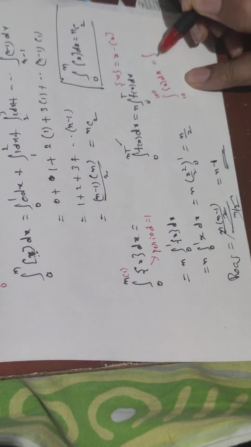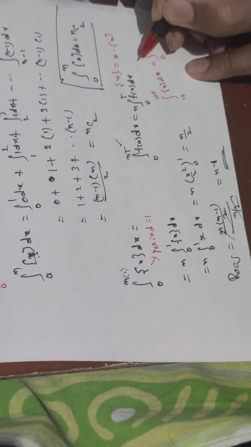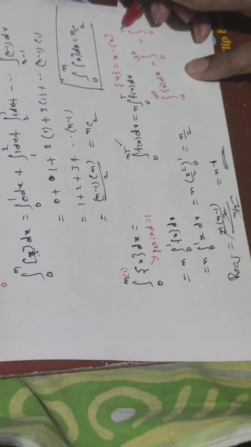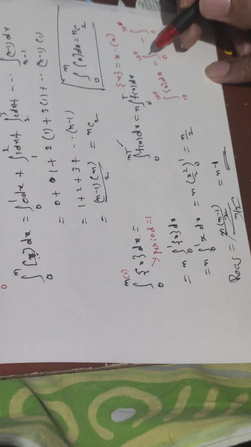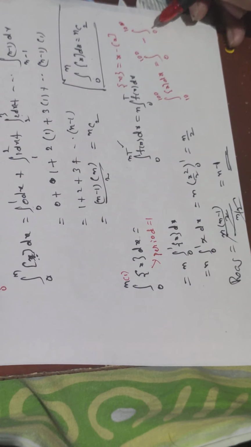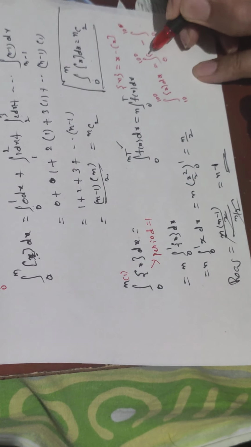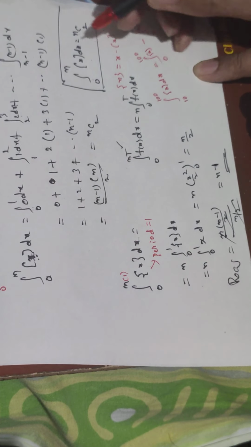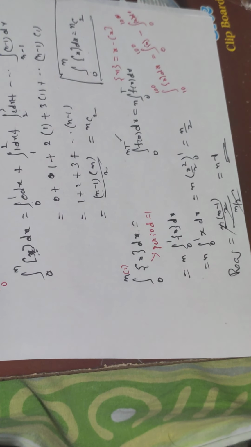That's why this interval 10 to 100 can be written as 0 to 100 minus 0 to 10. So you can take the lower limit as 0, 0 to 100. From this interval you have to subtract 0 to 10. Then we will get 10 to 100. Then directly you can use the formula 0 to n, nC2: 100C2 minus 10C2. So this is one of the problems.